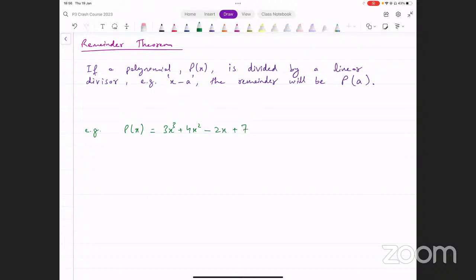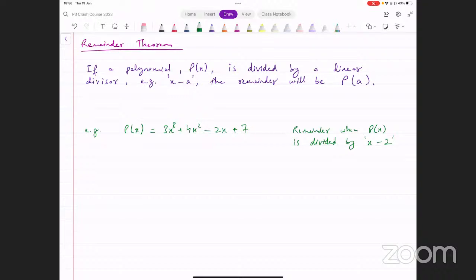And what I want to find is, what is the remainder when p of x is divided by, let's say, x minus 2. Let's just divide it by x minus 2.